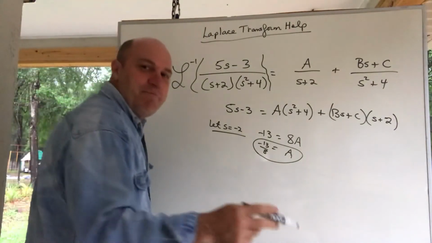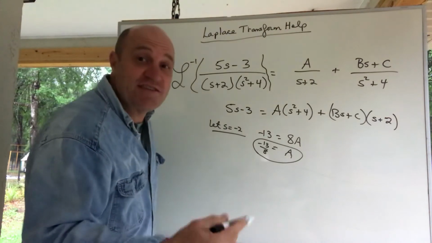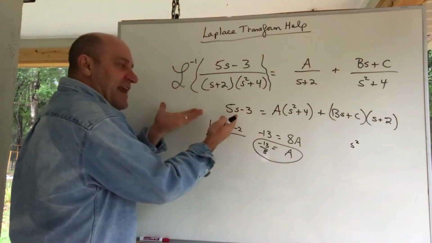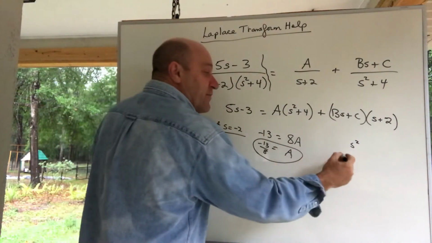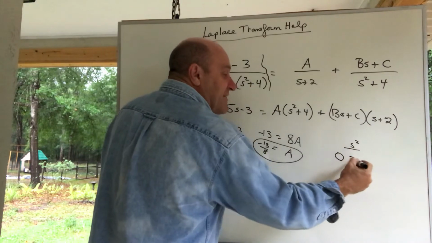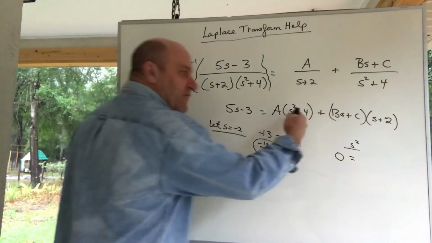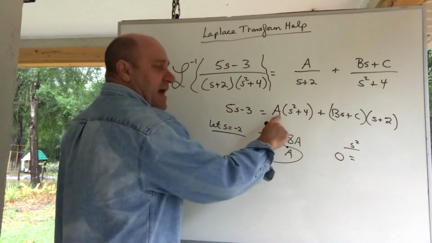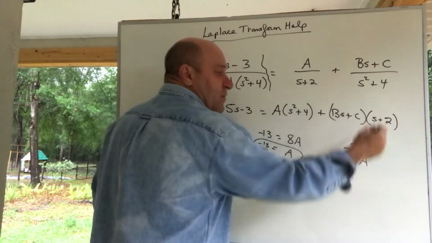In order to find B, I do a different game. I equate the coefficients of all the s squareds. I look for all the s squareds over on this side. How many s squareds do you see on this side of the equation? I see 0. And then I equate that to all the s squareds I see over there. If I were to FOIL it out, I have an As squared and a Bs squared.